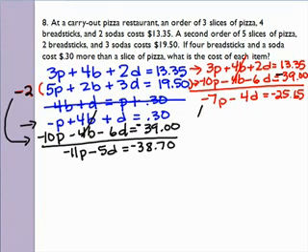So I need to combine these two, but I can't do that without multiplying both of them. So I'm going to multiply this one by a 5, and I'm going to multiply this one by a -4 to get them to drop.